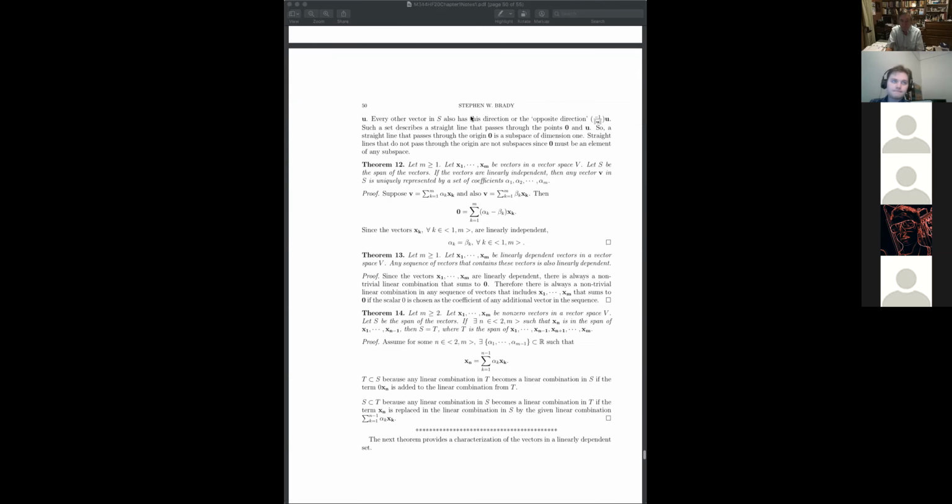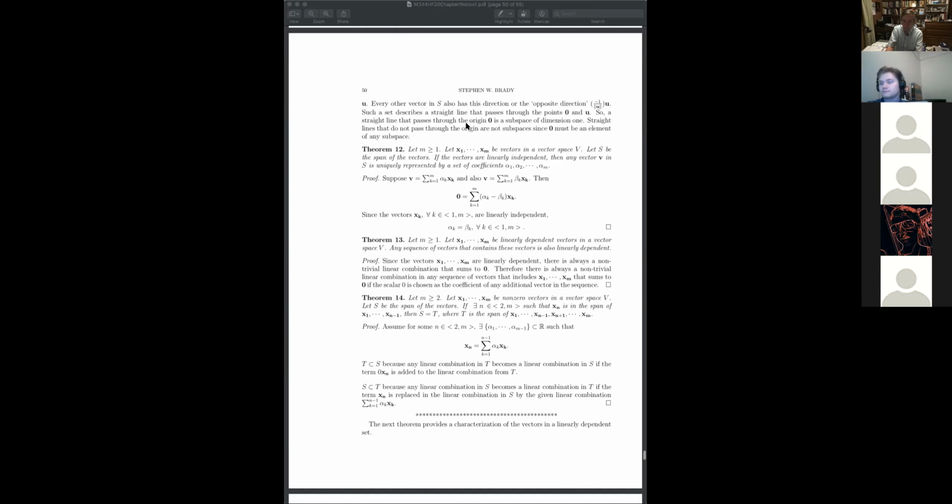And it turns out that this is what we call dimension 1. The span of a non-zero vector gives us a subspace, and it will be what we call dimension 1. So straight lines through the origin are vector subspaces. I'm not talking about straight lines anyplace else, but if they pass through the origin, they are subspaces.